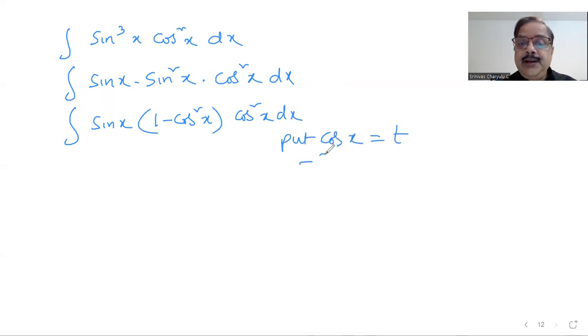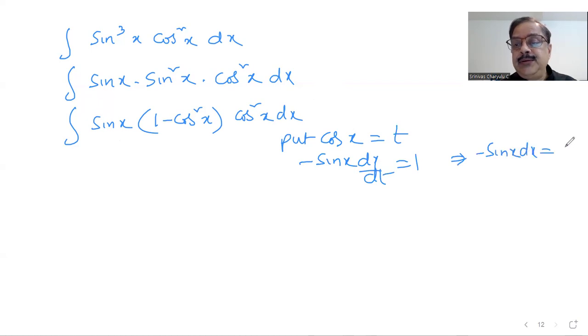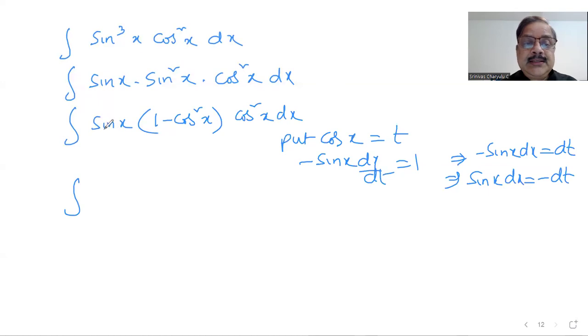Now if you differentiate, minus sin x dx by dt is equal to 1. That means minus sin x dx is equal to dt, or sin x dx will become minus dt. So we'll substitute here. Sin x dx, 1 minus cos square x will become 1 minus t square. Then cos square x is t square, minus dt.